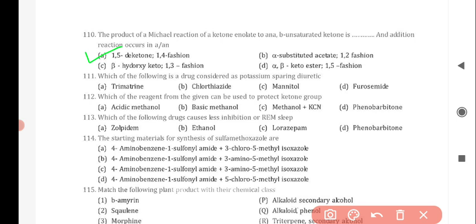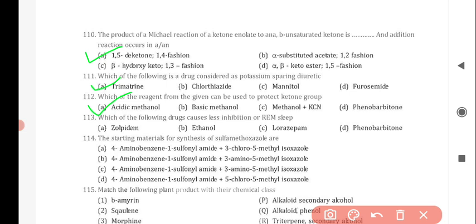Next question is, which of the following drugs is considered a potassium sparing diuretic? And the correct answer is option A, triamterene. Next question is, which of the reagents from the given can be used to protect keto group? And the correct answer is option A, that is acidic methanol.